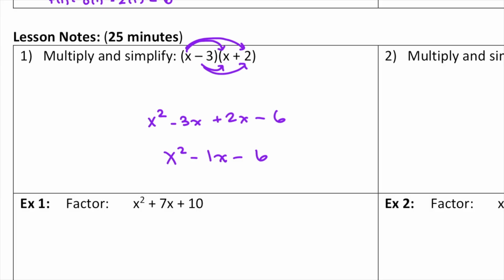So let's focus on your multiplication. Notice, when you multiplied a binomial times a binomial, you had to first multiply your x times x to get your x squared, and 3 times 2 to get a negative 6. These middle terms were combined together so that you have a trinomial when you're finished. So our goal for today is to actually undo all of those operations.